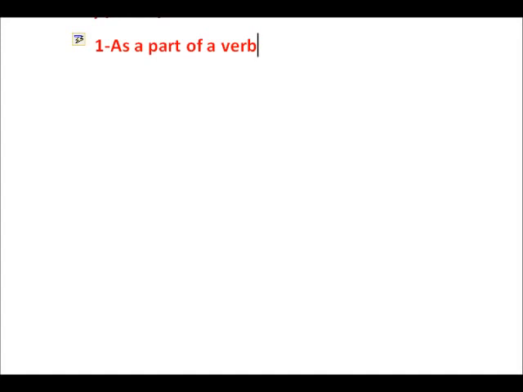Example, when I say she has studied English. Well, when we try to pick up the past participle here, it will be studied, which means that the past participle is used after have, has, and had.